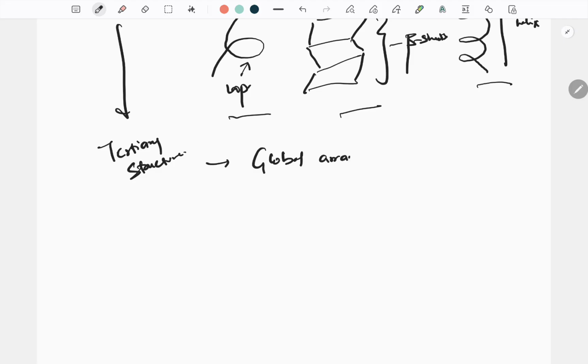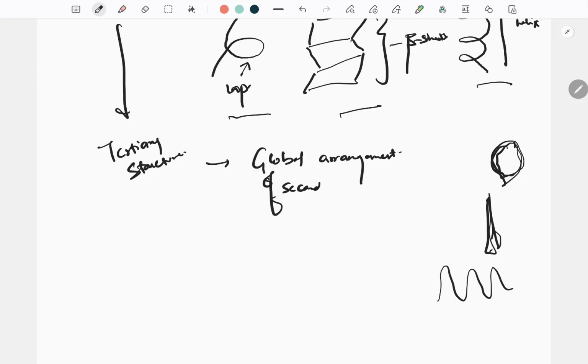Now, what is this global arrangement? The entire sequence of amino acids will have some sort of structure. So even if it is globular, it will form some sort of globular structure, or it will form some sort of fibrous structure, or it can have a transmembrane type of structure, right? So there's a global arrangement of secondary structure.